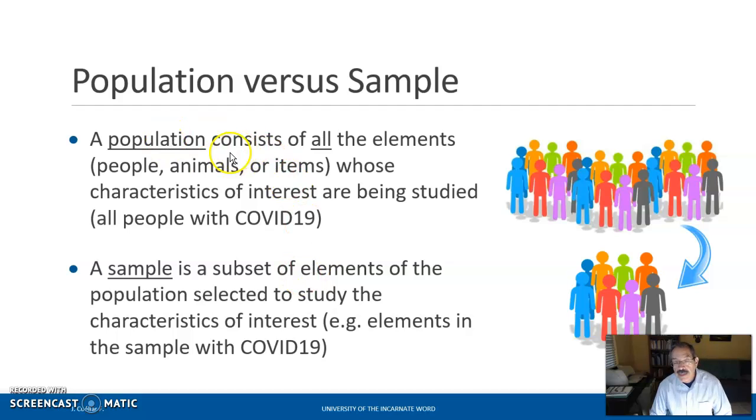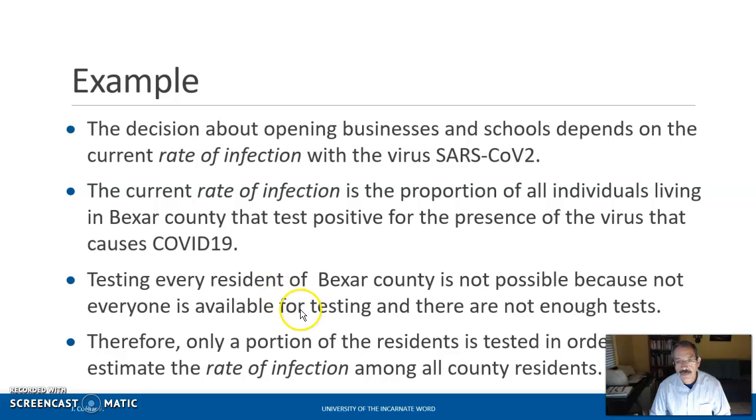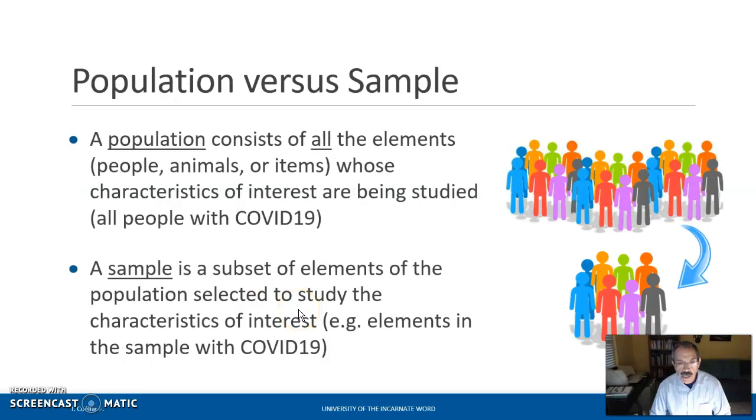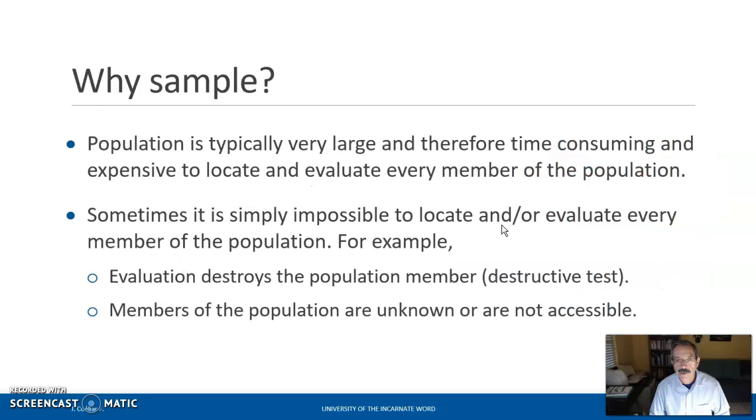So this is the definition of population, and this is the definition of a sample, and here's an example of this. All right, let's continue with this, because now we need to see what kind of a sample we need to correctly estimate the proportion of people infected with this virus.